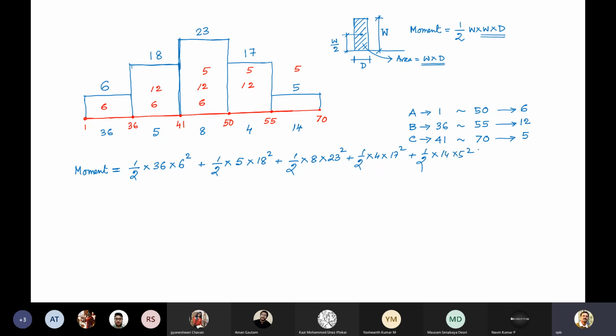So all the durations, 36, 5 and so on, and the manpower squared. Now please calculate this one.